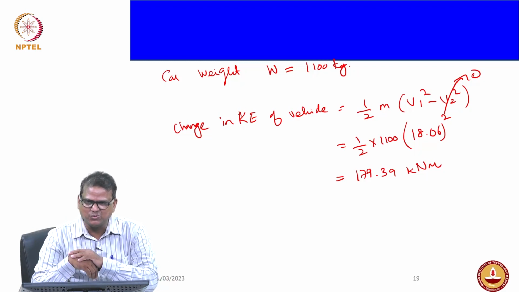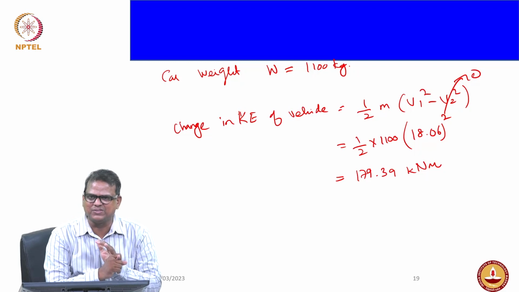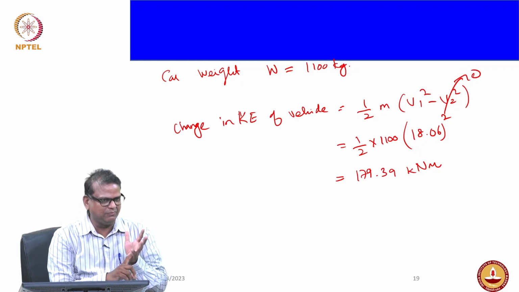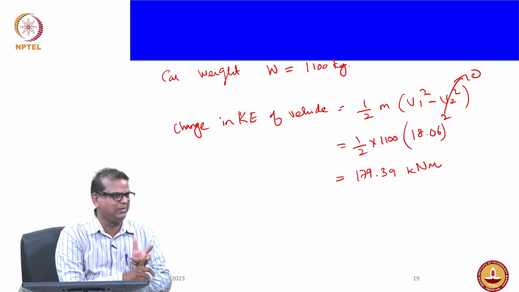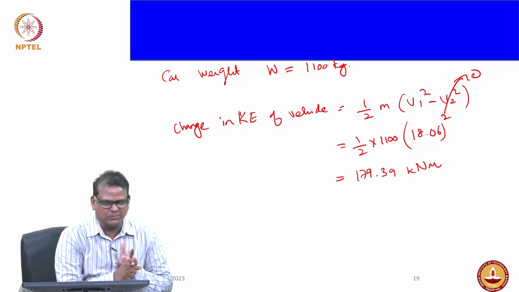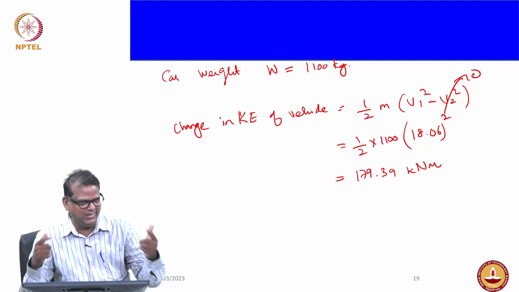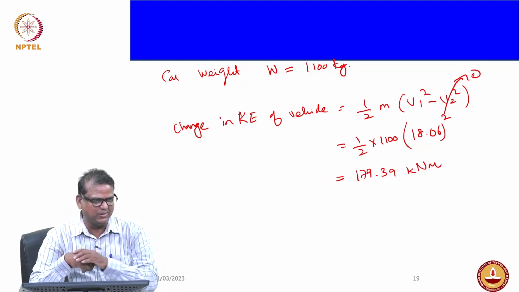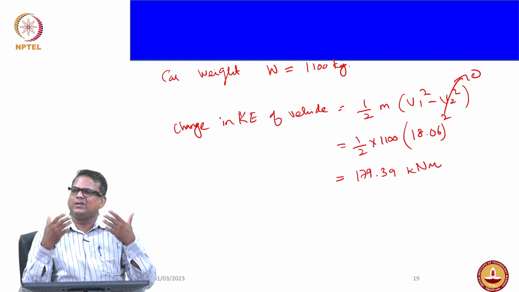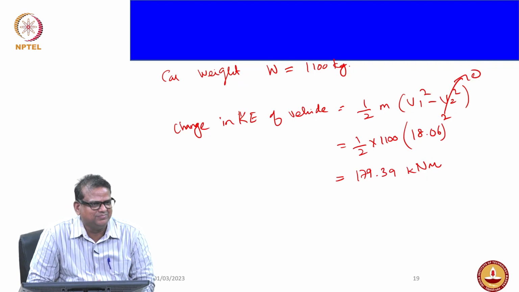What are they? Your flywheel has rotational movement. Your clutch is a rotational movement. Not only flywheel and clutch, your entire gearbox, the gears are rotating. Then your wheels, brake drums, and tires also have rotational motion. So in fact they also carry energy, so that you have to consider.